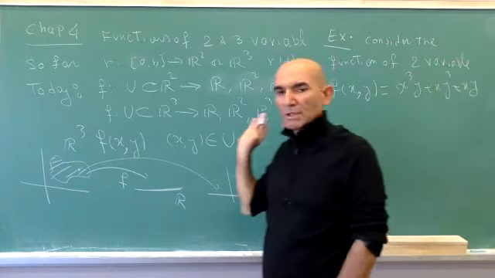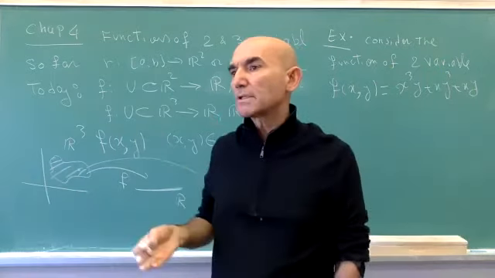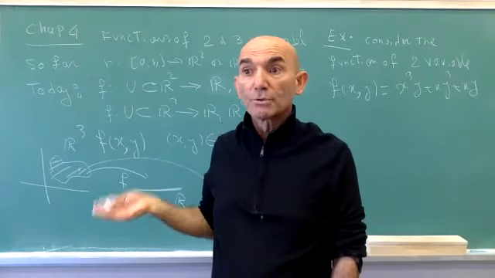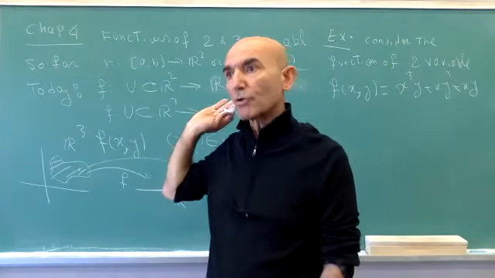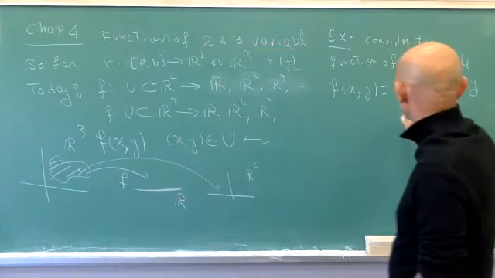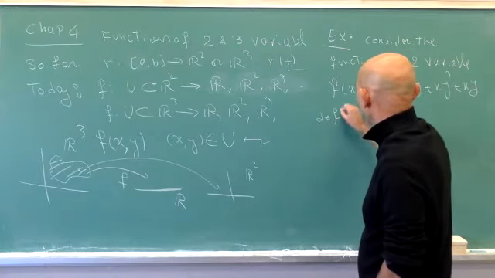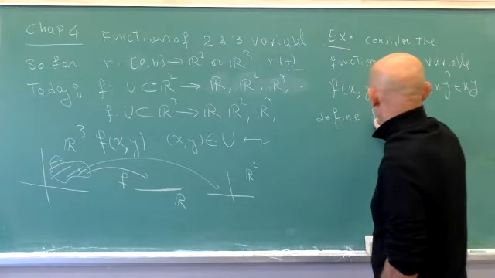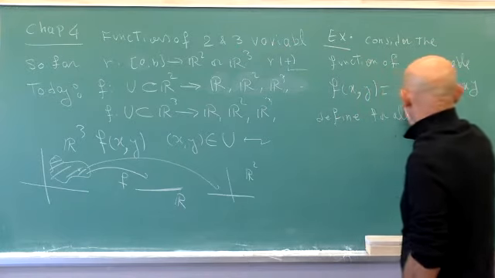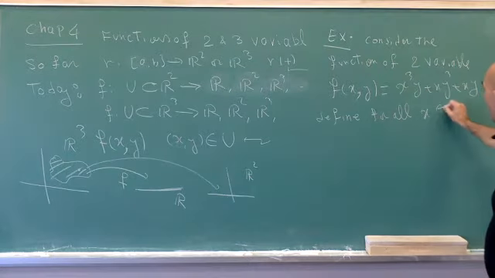Obviously, this function is defined for all values of x and y. There's nothing to forbid us to take the value of the function, right? So this is defined for all x in R and y in R.